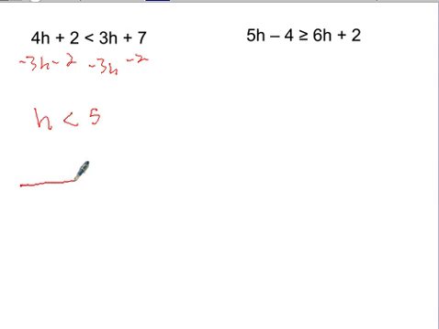If I was going to graph it, I'd make a number line, put 5 here, 6 and 4. Open circle at 5, shade left. And set builder would be the same. Everything's the same once you get to your solution. Just getting to the solution took an extra step.